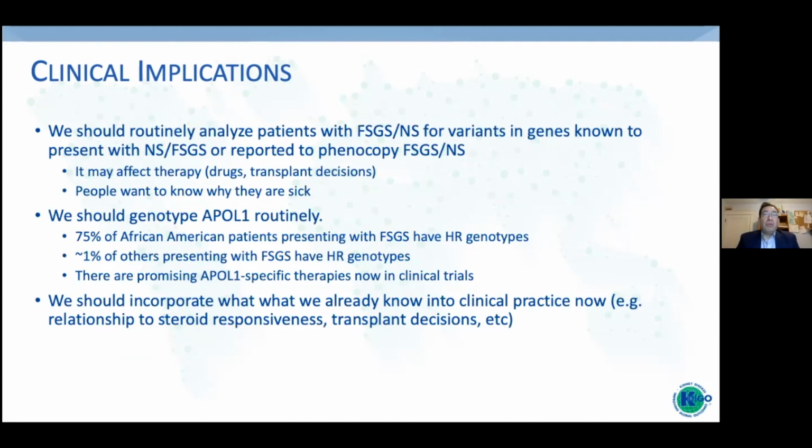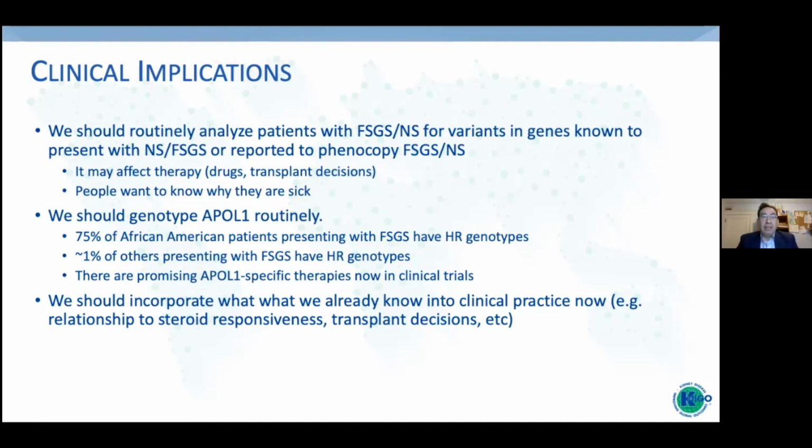I would argue that we should routinely be analyzing patients who are part of this FSGS nephrotic syndrome spectrum of disease for variants known to present with nephrotic syndrome, FSGS, or that have been reported to phenocopy FSGS and nephrotic syndrome. I won't get into the details of how we want to do that, whether it's by a large panel of genes or exome sequencing, but I think we should be moving to the notion that the default instinct should be to do genotyping, not looking for a reason to do genotyping.